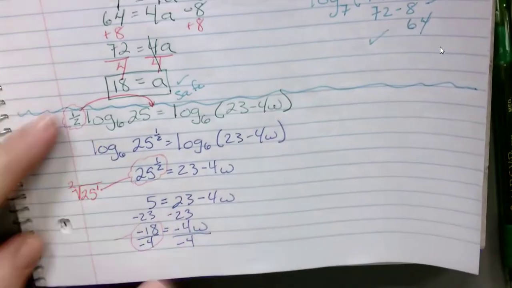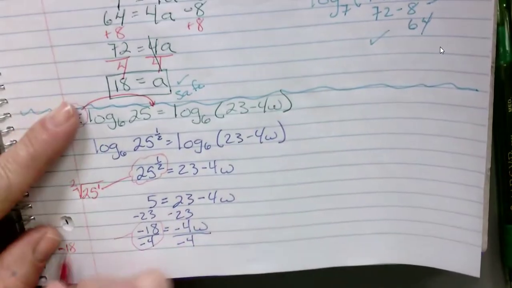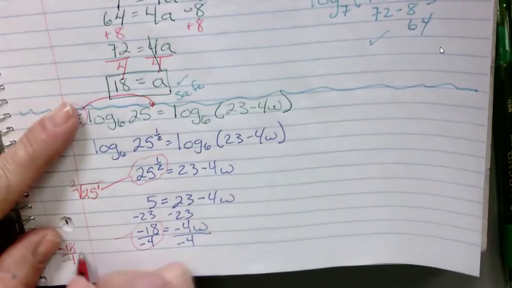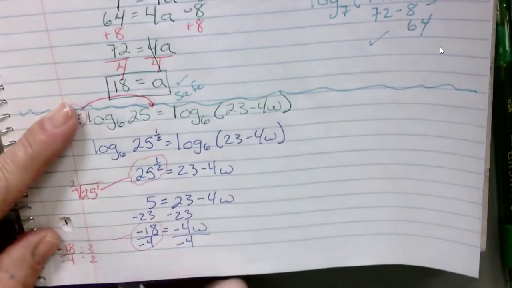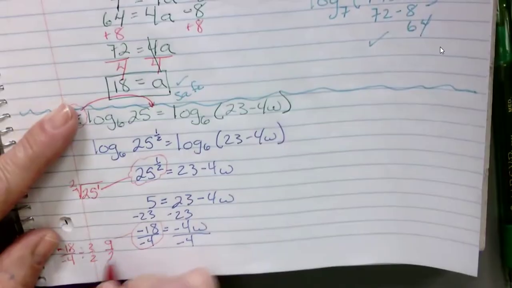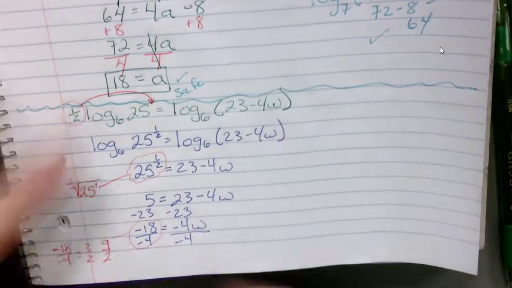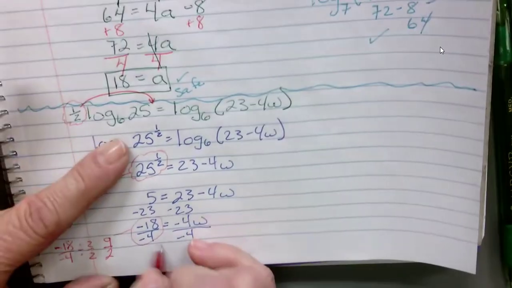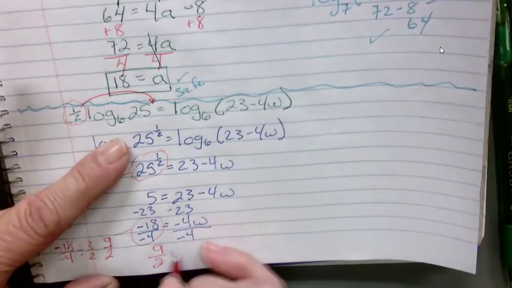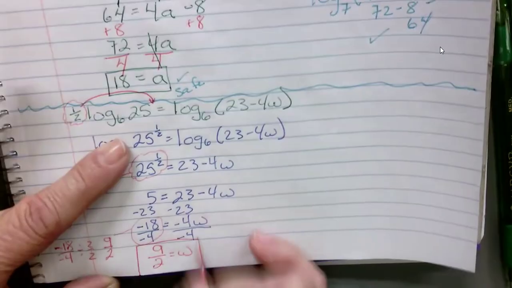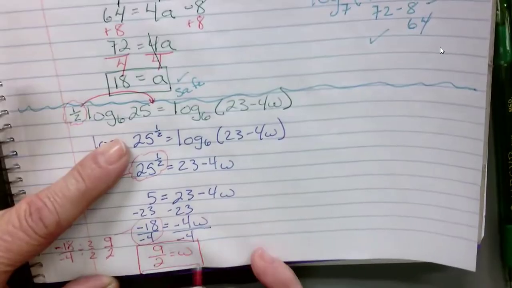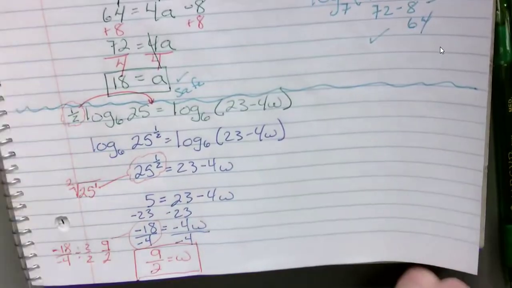So I get negative 18 over negative 4. Divide that by 2 over 2. I get 9 over 2, and it'll be positive because a negative divided by a negative is a positive. So we get 9 over 2 equals w. And assuming it doesn't give us a negative log, that'll be our answer.